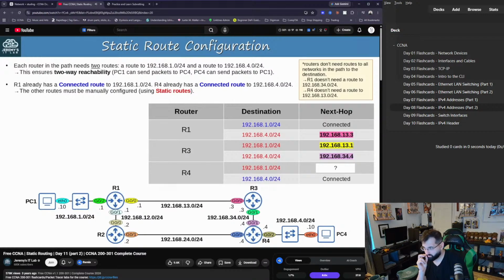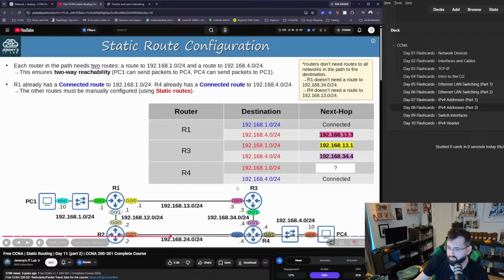Finally, what next hop should R4 use to send packets to the 1.0/24 network? The answer. So R1 sent it to this, which is right here. See, this is what I'm saying. I wish the colors coordinated with each other. So it went to here. And then it sent it to its default gateway. It sent it back to itself? And then it sent it to here.